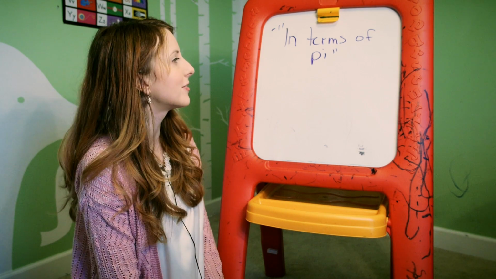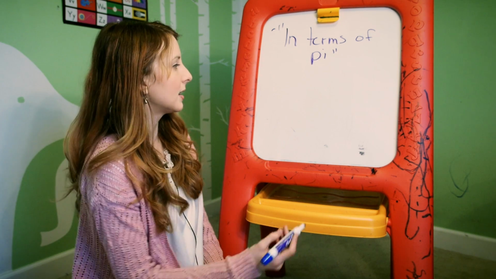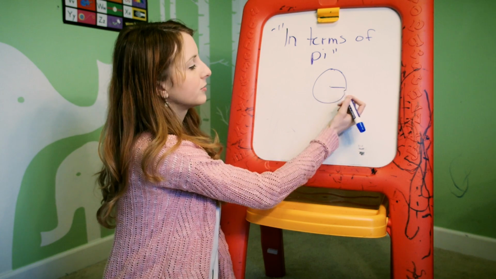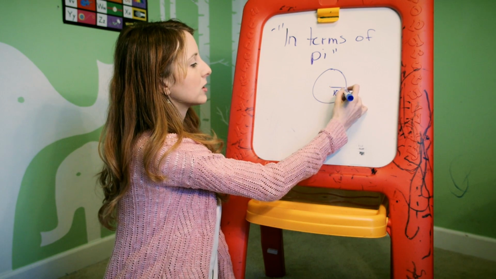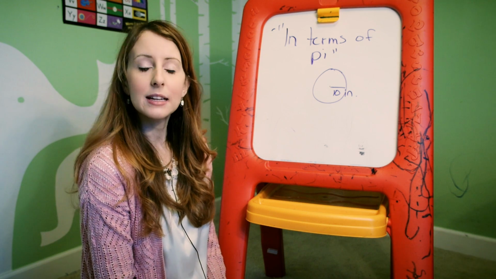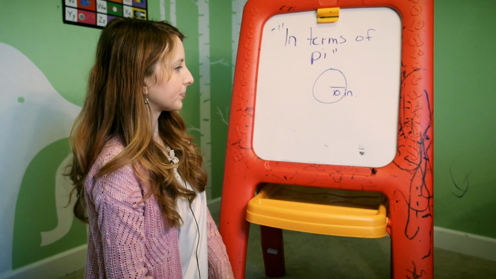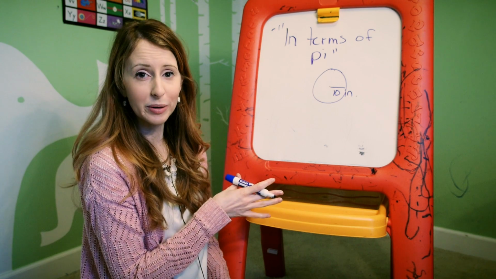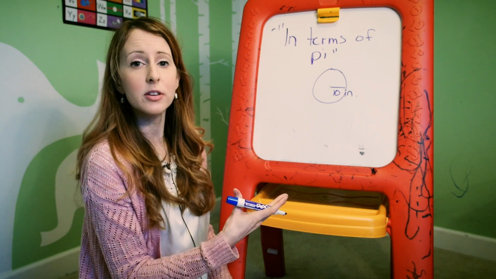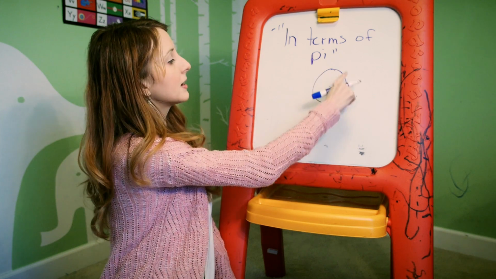Let's say you have a problem that says, find the circumference of a circle with a radius of, let's say, 10 inches. Find the circumference of that circle in terms of pi. All that means is you plug it into the formula just like always. So let's say I go, okay, well, I know that the circumference of the circle is found by taking the diameter times pi.